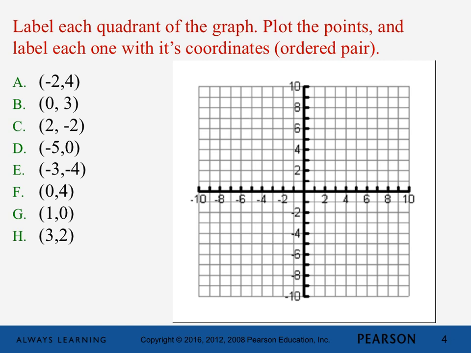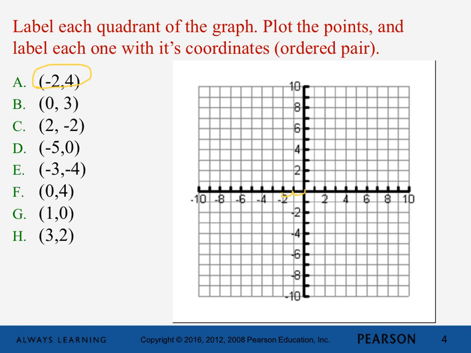And the way that we do that is, first of all, we're going to plot the ordered pair -2, 4. And to do that, the way we begin is we always start at the origin. And negative says we're going to the left direction because the negative numbers are to the left.